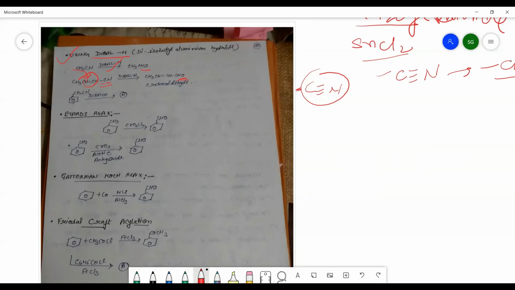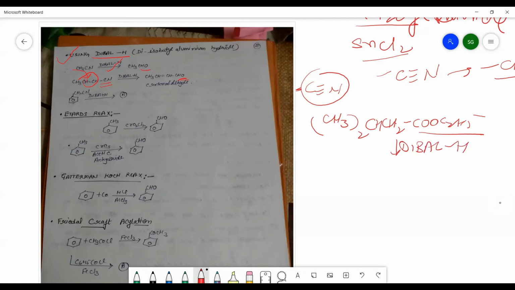And again, suppose we are having an ester there. In the ester, the group, for example if you take CH2, COOC2H5, this group is an ester group, and you are using Dibal H. So again, the COOC2H5, meaning the ester group, will also be converted into CHO group.